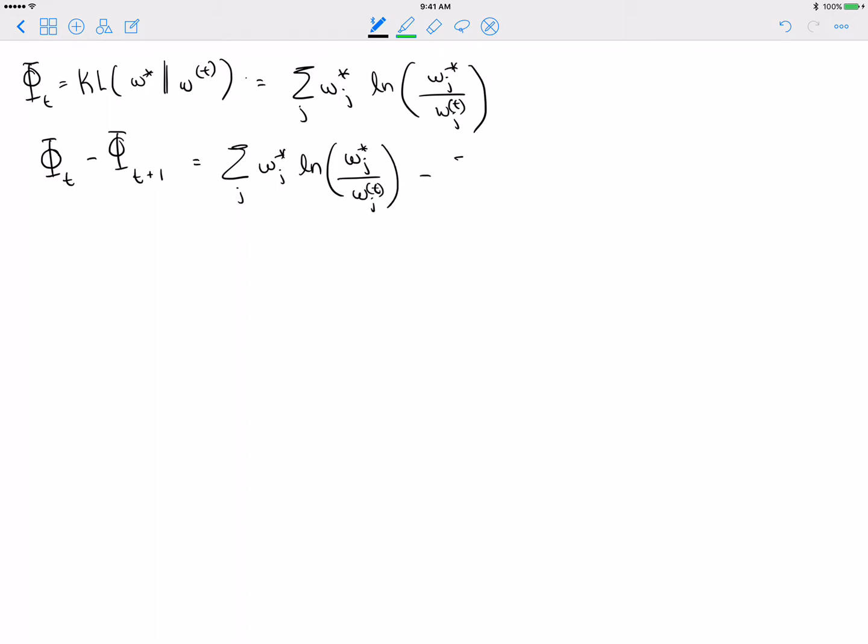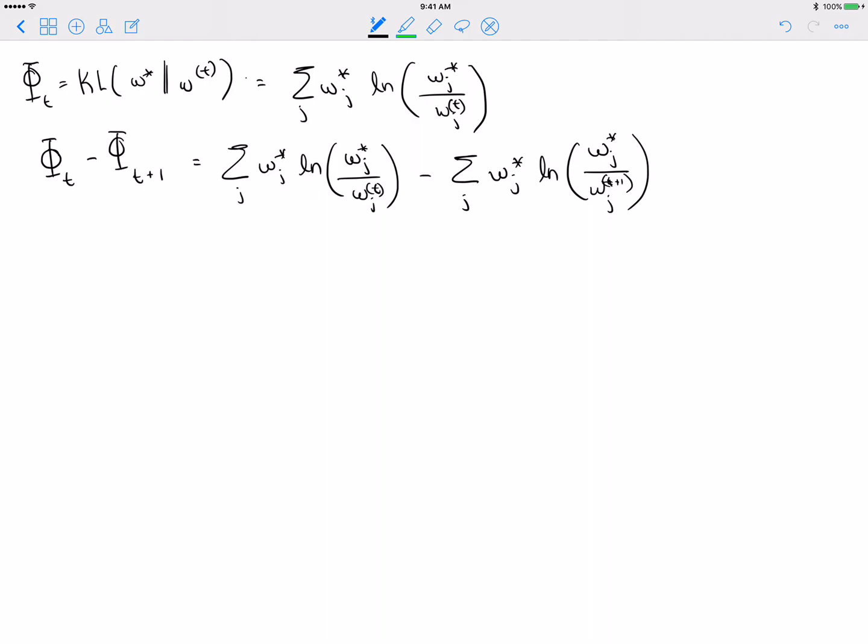So nothing here for the definition. Okay, so this is log of a fraction, which is the same as the difference of logs. And so I have some terms here that sort of cancel each other out.